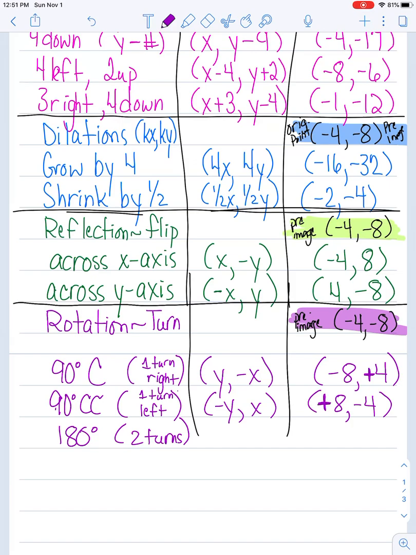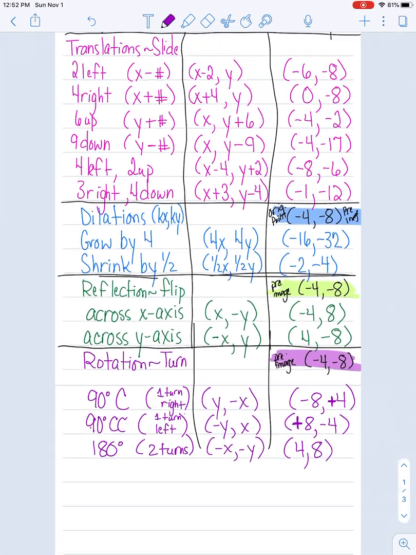So that point is 8, -4. And last but not least, let's do 180 degrees rotation, or 2 turns. Your rule is -x, -y, and that just means leave the numbers alone but change both the signs. So -4 becomes +4, -8 becomes +8.